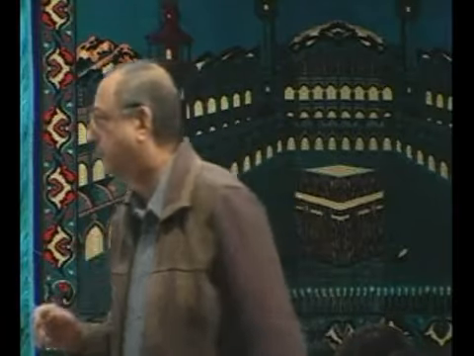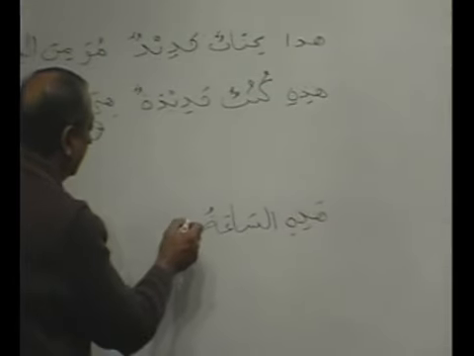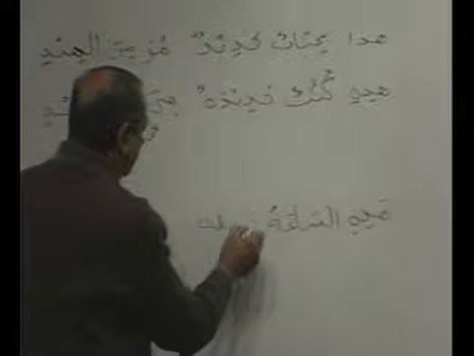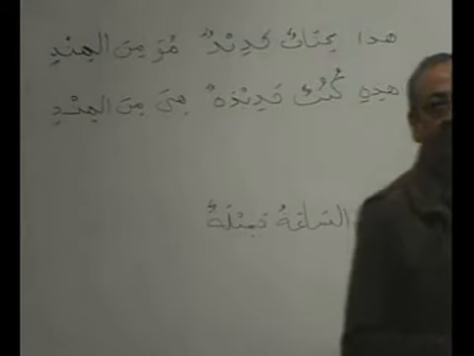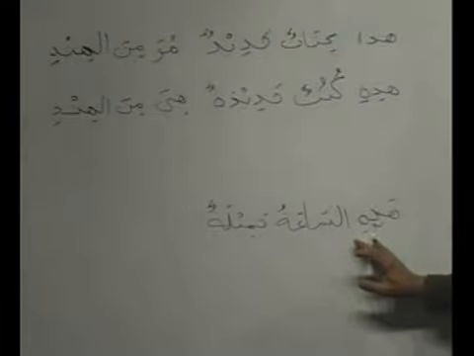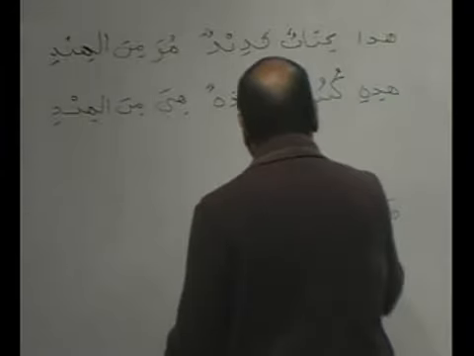Okay? Here if I write down, brothers and sisters, hazihi sa'atun jamilatun. See now, jamilatun, brother? Let me write down in an indefinite way. Hazihi sa'atun jamilatun. What is hazihi?